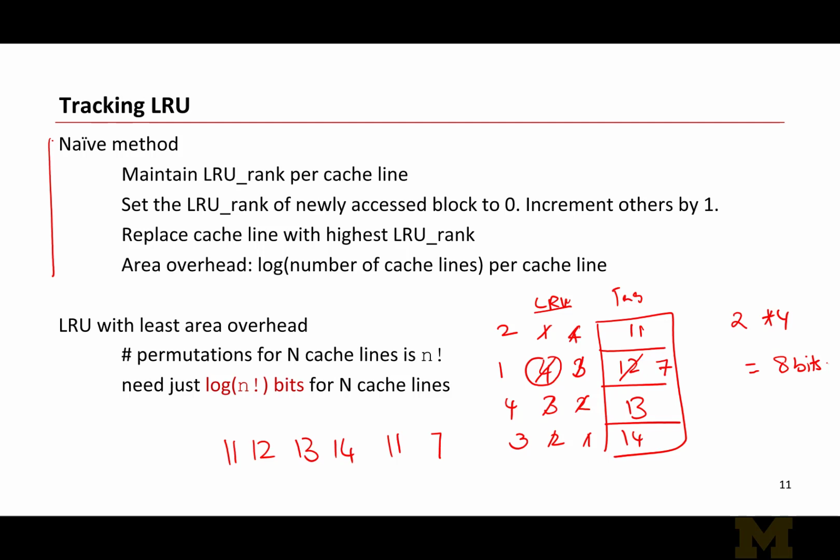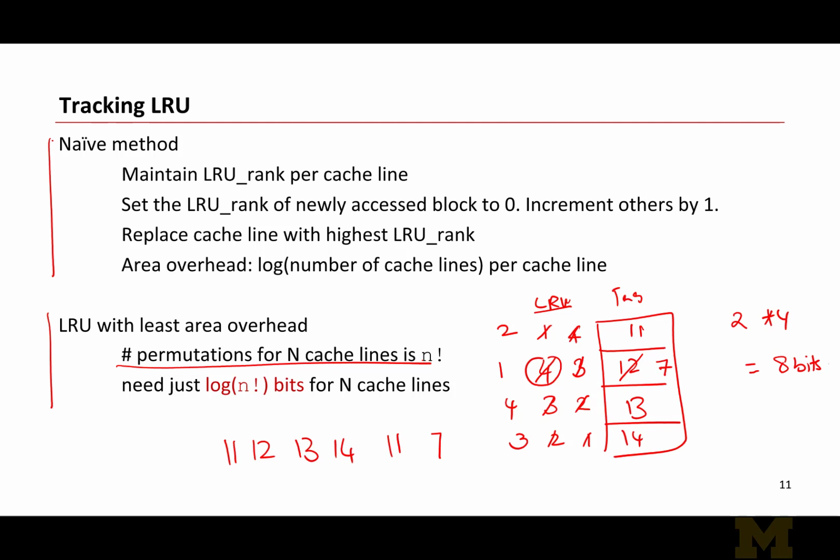So there are approximations of an LRU policy. For example, there is a policy called pseudo LRU policy, which is a bit easier to implement. If you ask the question, what is the least amount of information that I need to maintain to implement a perfect LRU policy, the answer is you need to think about the number of permutations possible for a given number of cache lines, right?